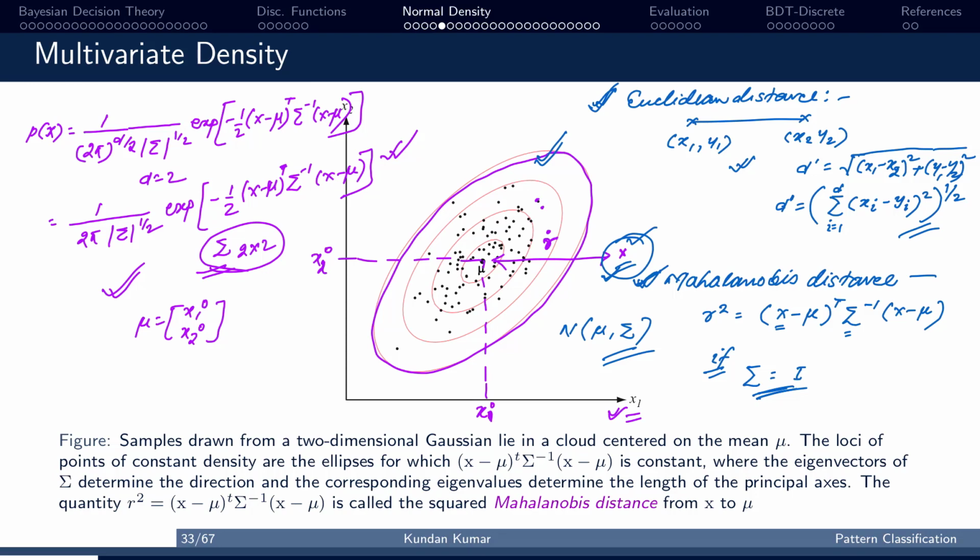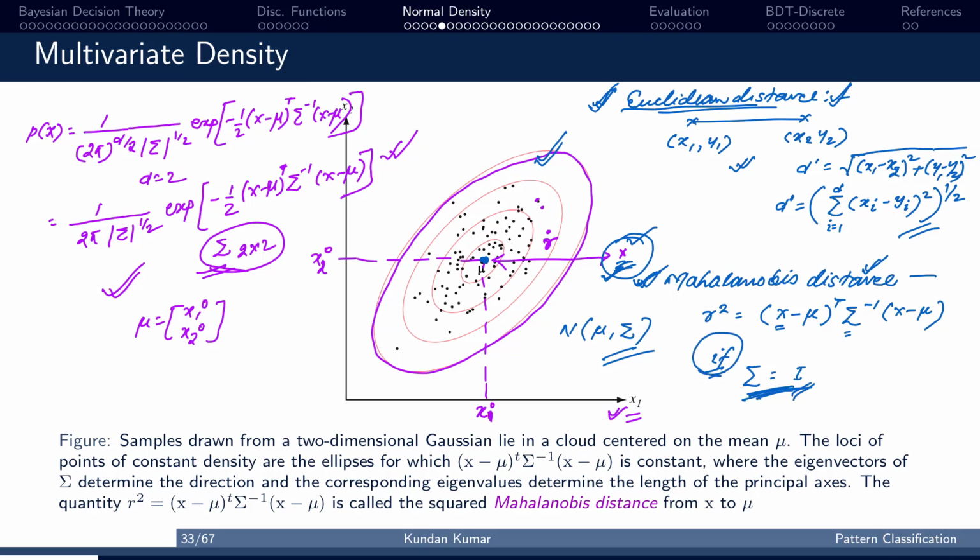Then this Mahalanobis distance will be equivalent to the Euclidean distance between a point and the center of the distribution. That means the variance will not be part of computing the distance.